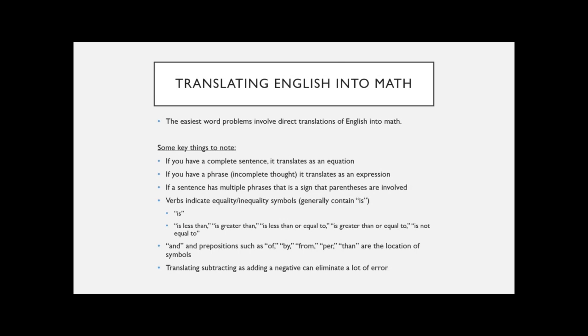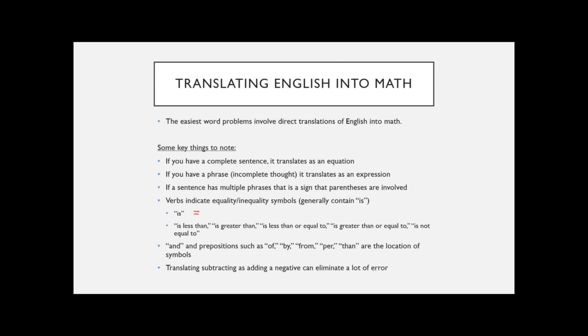And the word is generally always translated into an equal sign unless there's other things with it. So if you see is less than, is greater than, is less than or equal to, is greater than or equal to, is not equal to, those are other symbols. But if it's is by itself, that's always going to be an equal sign.